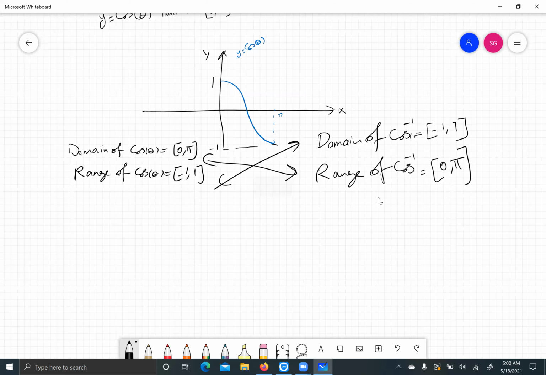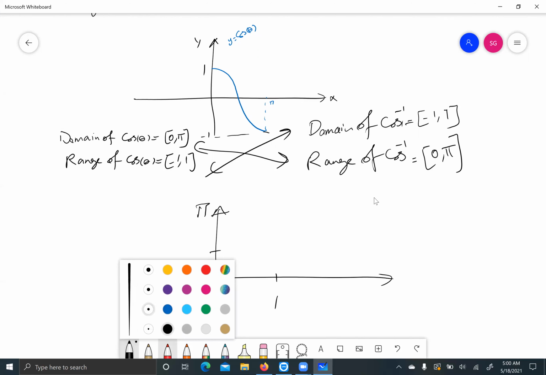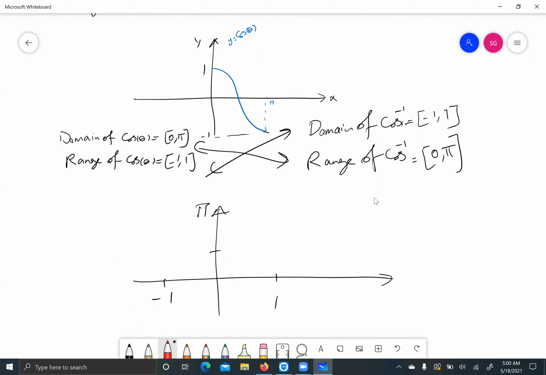So maybe I should draw the cosine inverse in a separate picture. So domain is negative 1 to 1, range is 0 to pi, and the graph is going to be like this. How do I know it's like this?